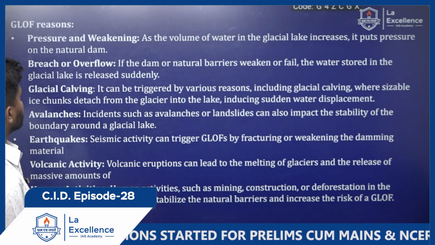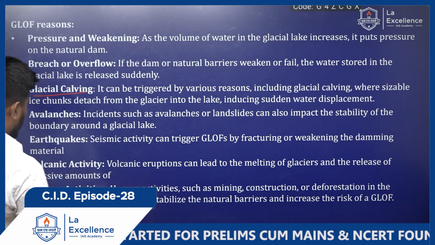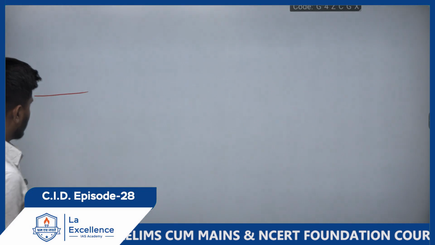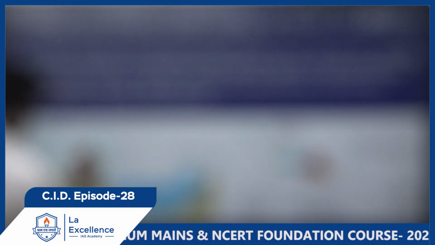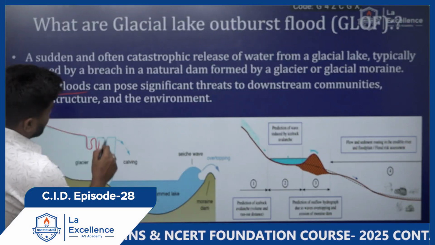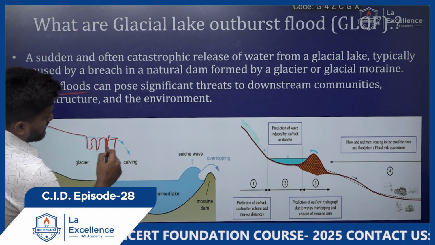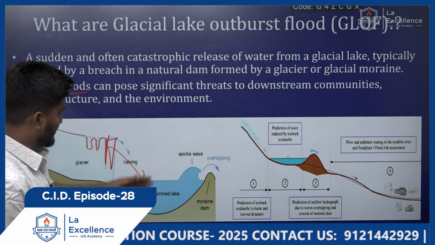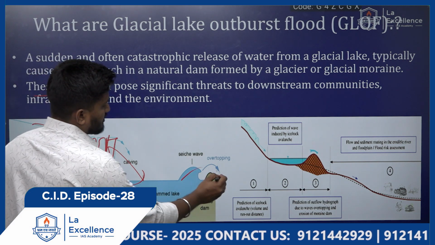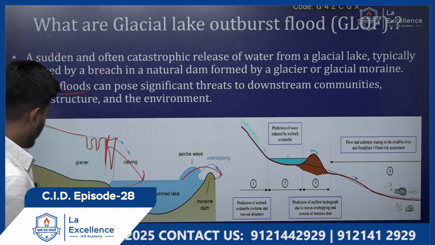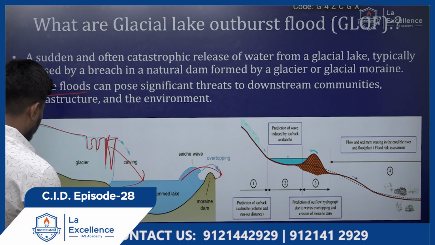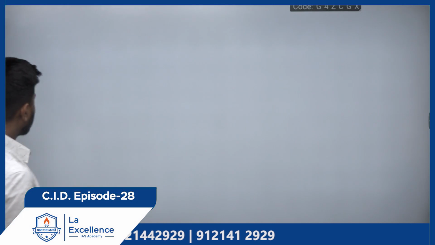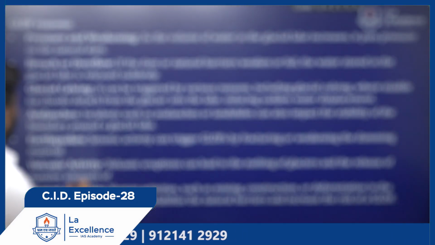And then another reason is glacial calving, which I explained in the previous slide. So in glacial calving, the tip of the glacier starts breaking off and falling in the river. As huge chunks of glacier break and fall in the river, it will result in overflowing and lead to a burst. Okay, so then other important reasons are avalanches.